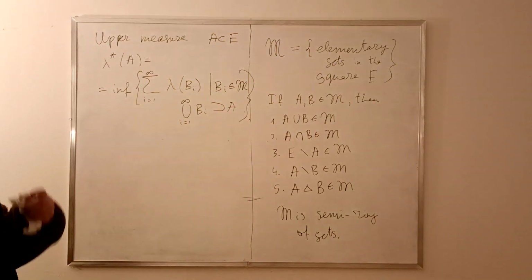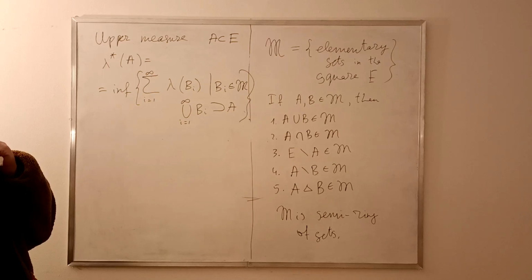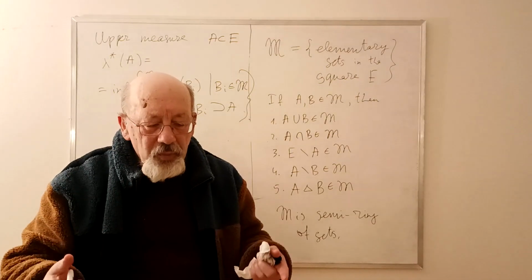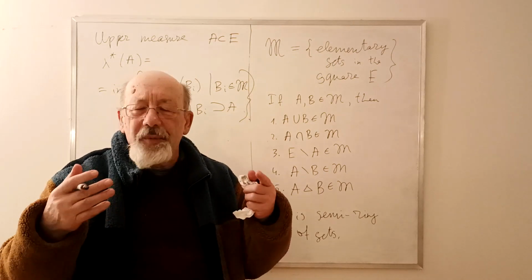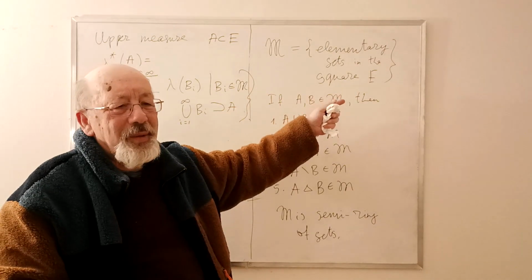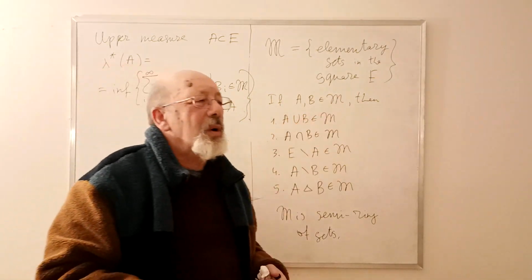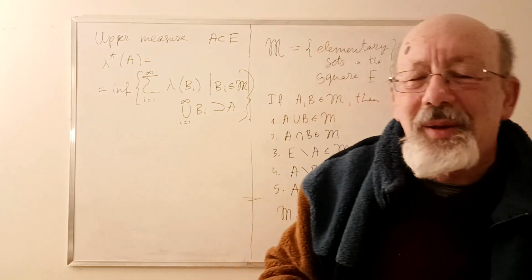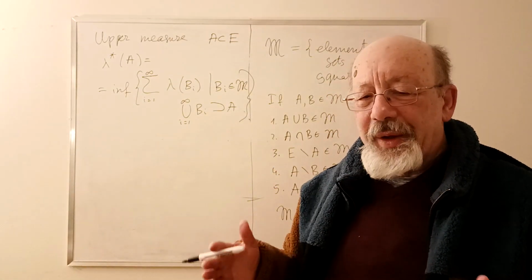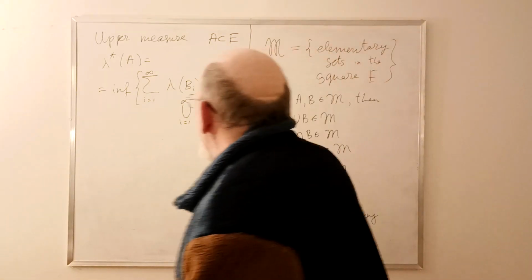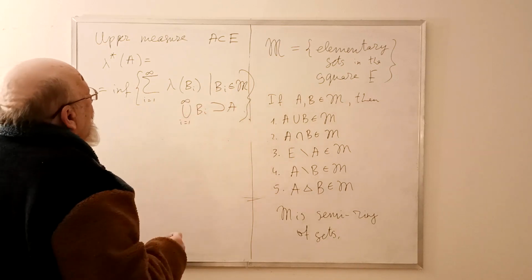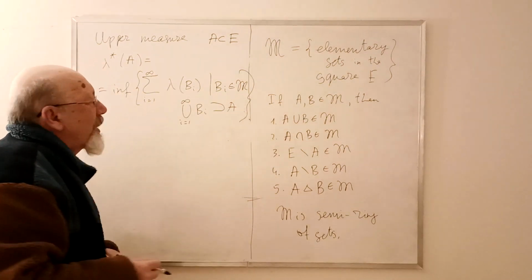So we cover A by a union of a countable number of elementary sets. Each elementary set consists of a finite number of rectangles, so we can consider these sets Bi just rectangles.